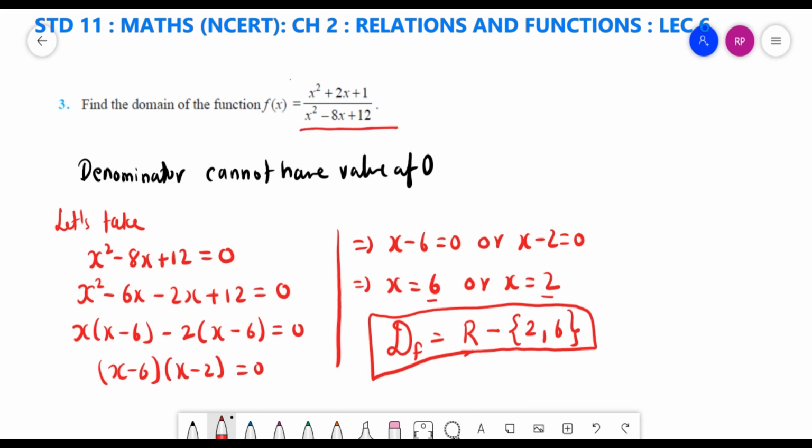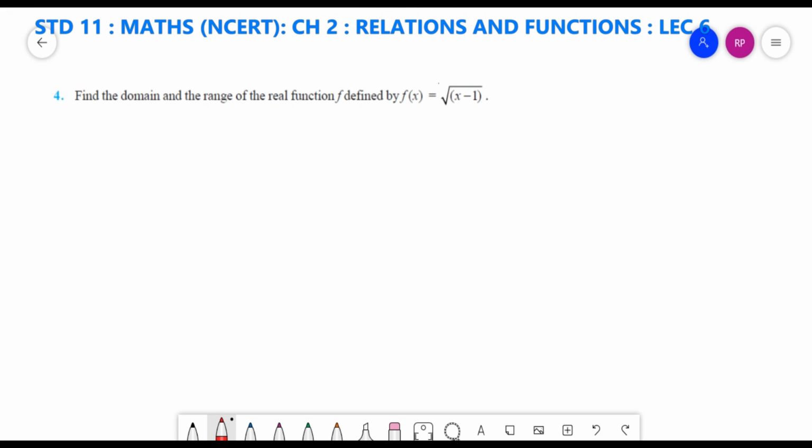Now let's move to question number 4. Find the domain and range of the real function f defined by f(x) equal to square root of x minus 1. So here the function given is f(x) equal to square root of x minus 1.